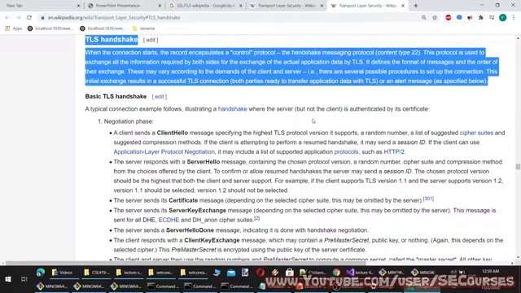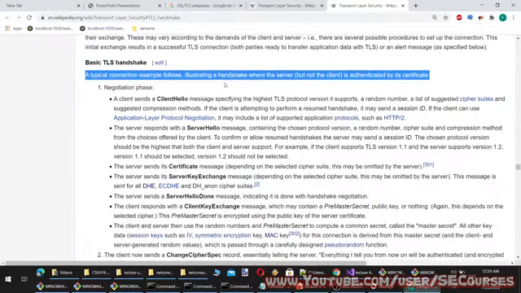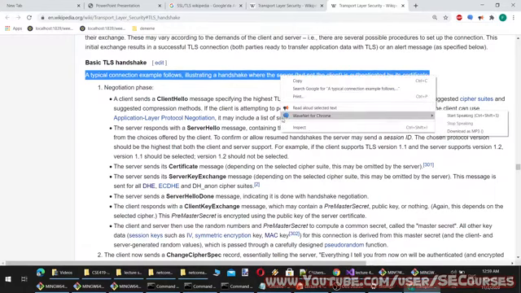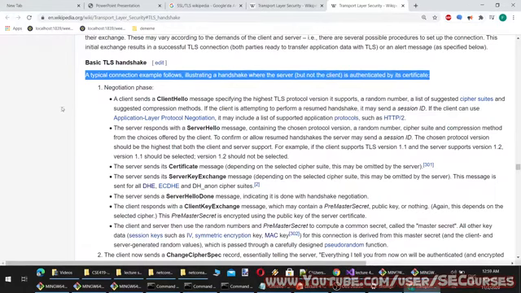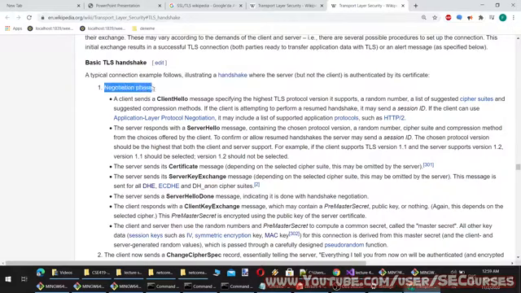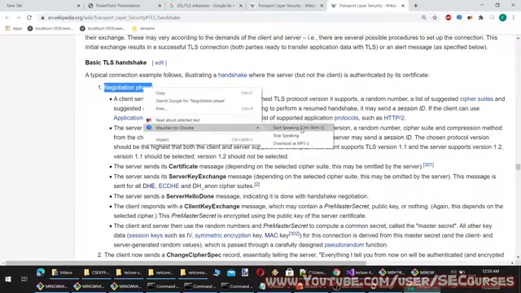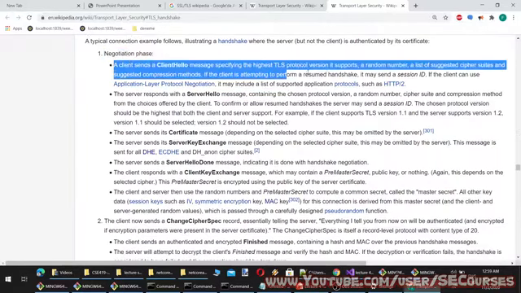This initial exchange results in a successful TLS connection, both parties ready to transfer application data with TLS, or an alert message, as specified below. A typical connection example follows, illustrating a handshake where the server, but not the client, is authenticated by its certificate.